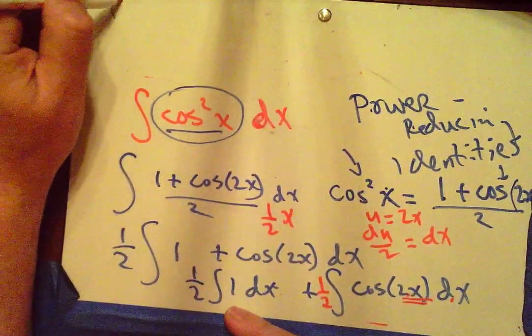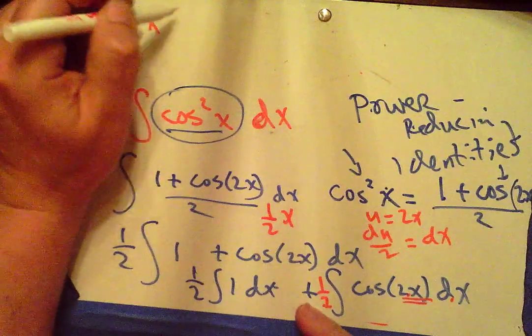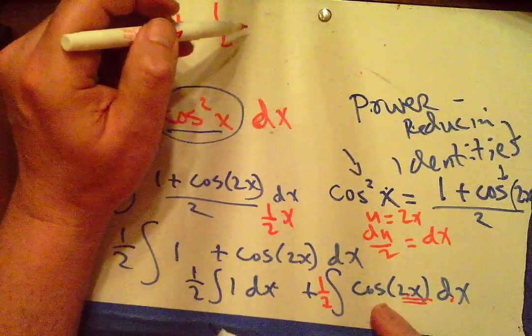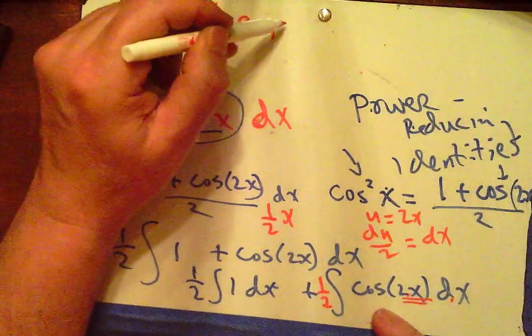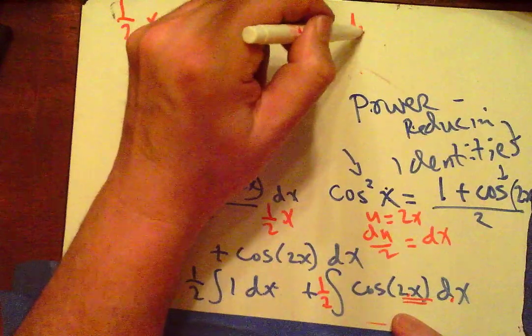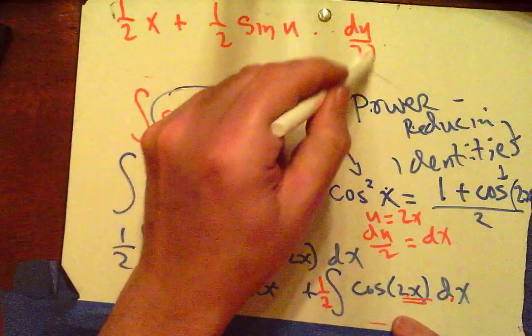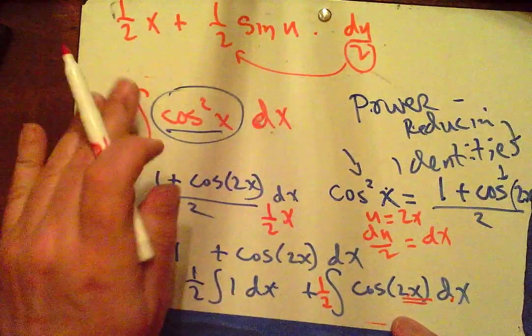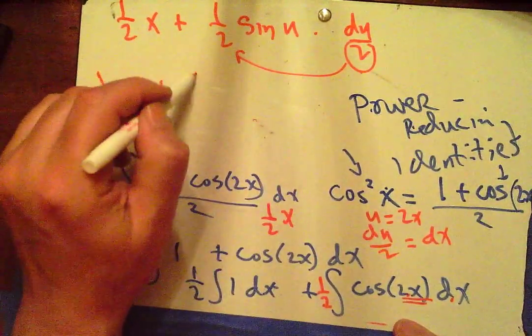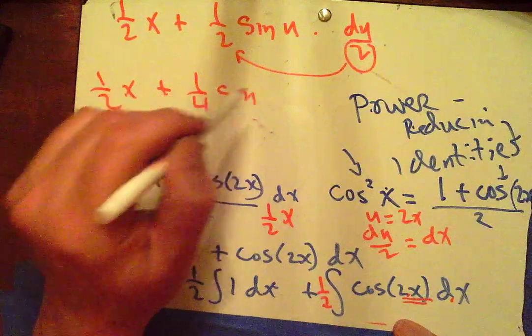Well, here we've got that 1/2 x plus 1/2. The antiderivative of cosine is sine of u times du over 2. This guy comes over here, and we've got 1/2 x plus 1/4 sine.